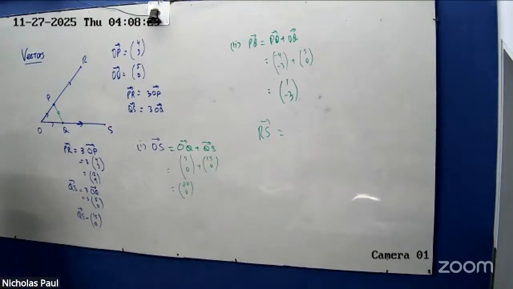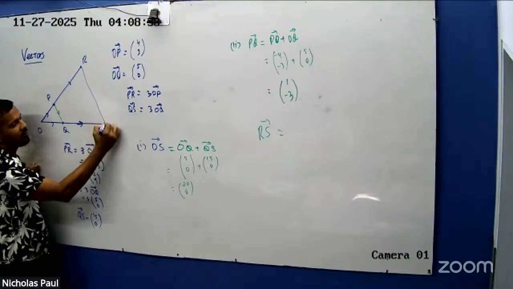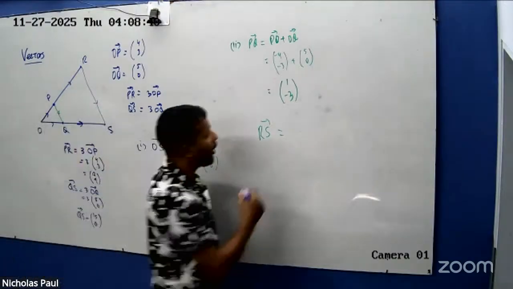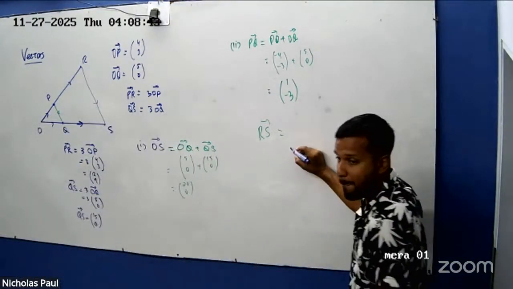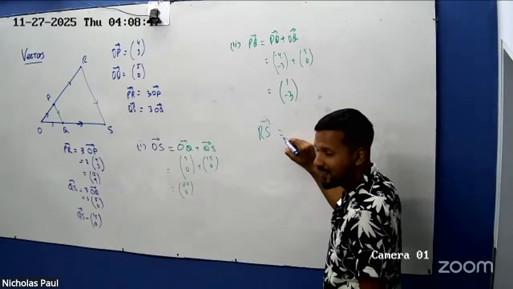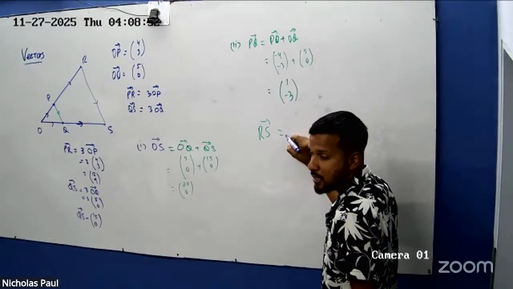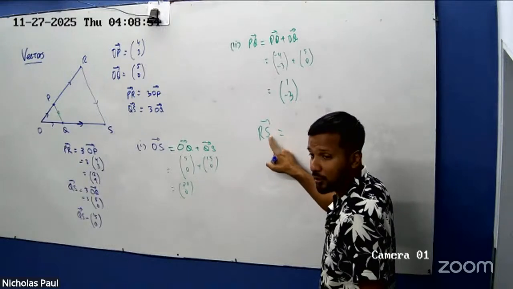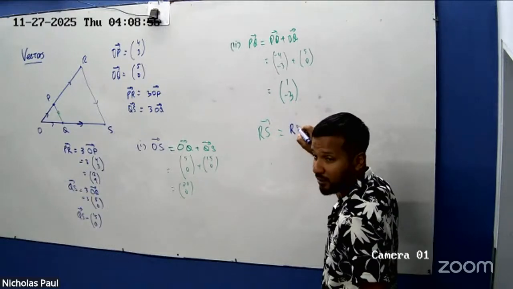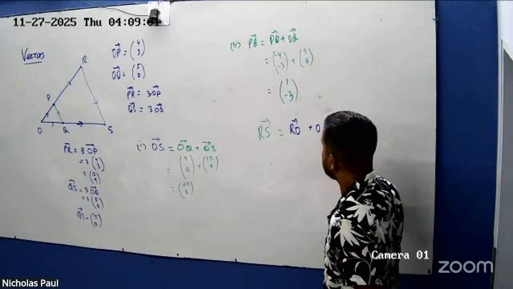Right, start it up since you're confused. Tell me how to find RS. First thing I do is draw a line from R to S. So how do I get RS? We're starting at R, so it's R to O and then O to S. Right?